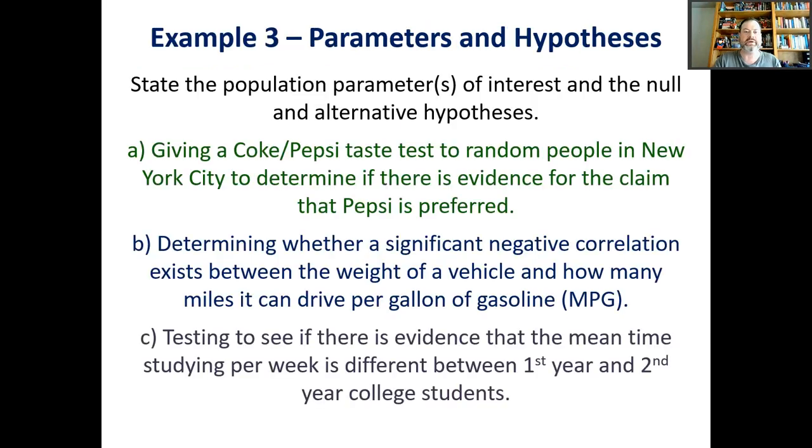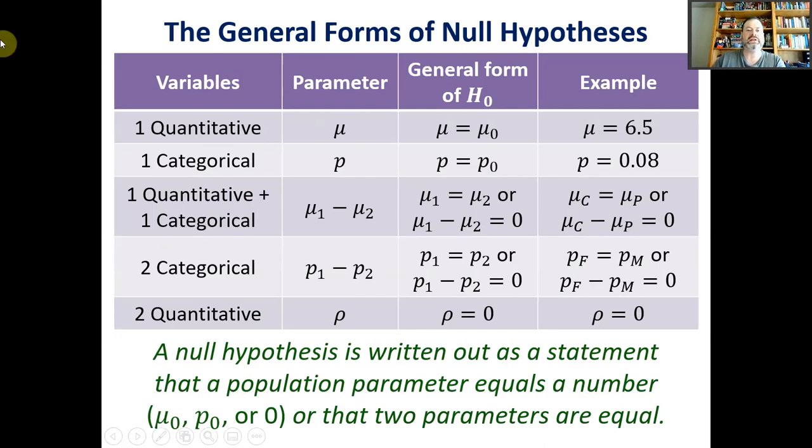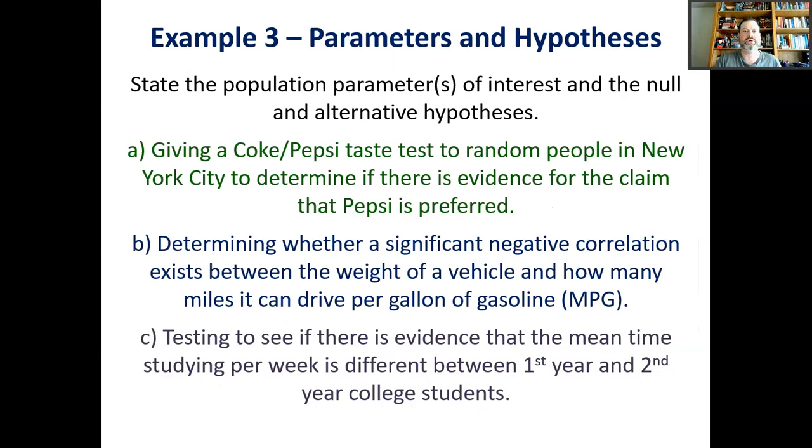All right, so let's go back. So we know what P is. So I'm going back 2 slides to show you how this works. Our parameter is P. That means the general form of our null hypothesis is going to be P equals some number. What number do I put there? If you look at this problem, we're not given any numbers.